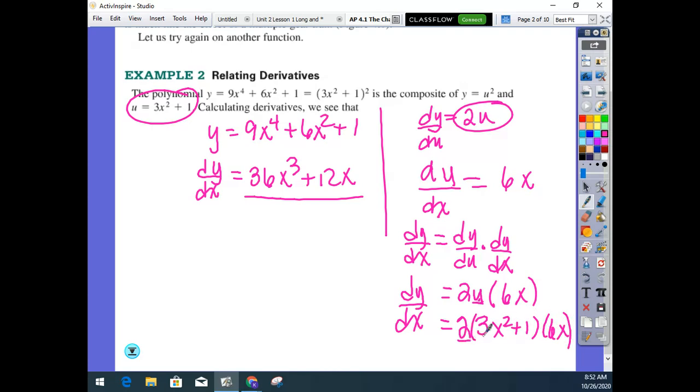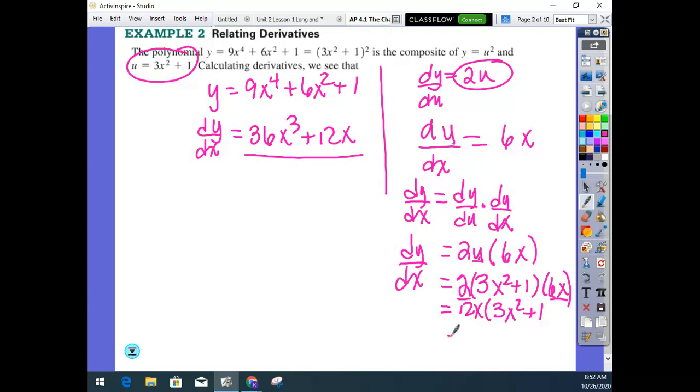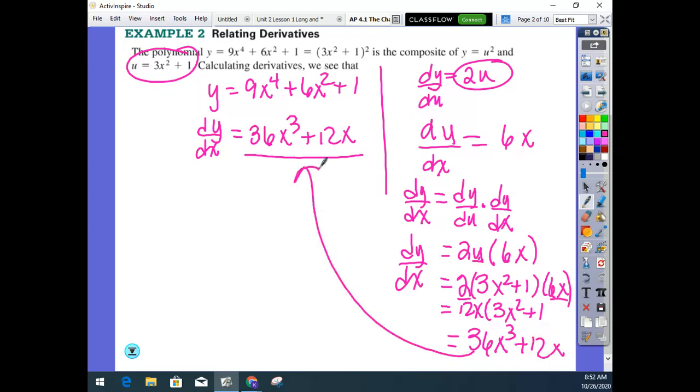All right, so probably what I would do, I'd take the 2 times 6 to get 12x. And then distribute: 36x to the third plus 12x. And there we have that. So really be careful with your variables, because when I have u and x here, but I have just y's and x's, what this is telling me here, all the variables on the right need to be in terms of x.